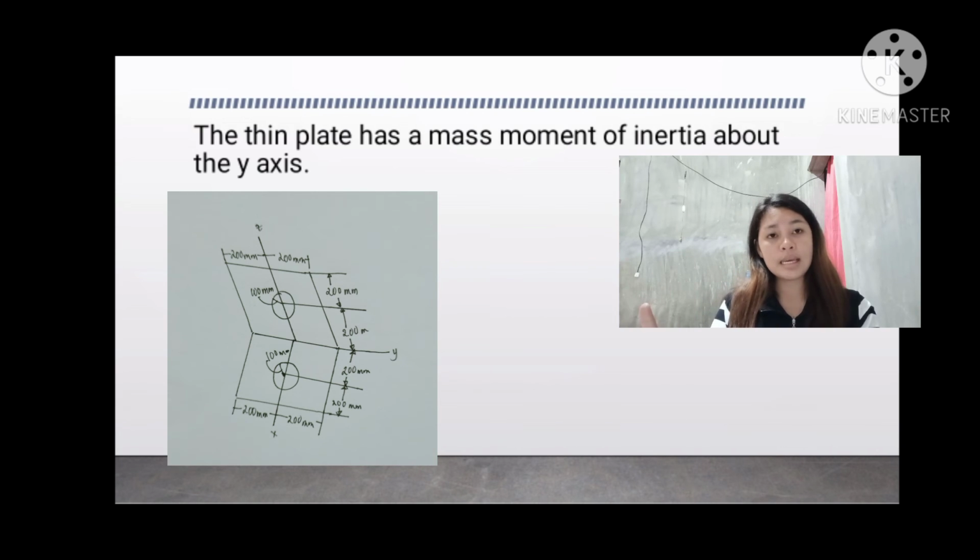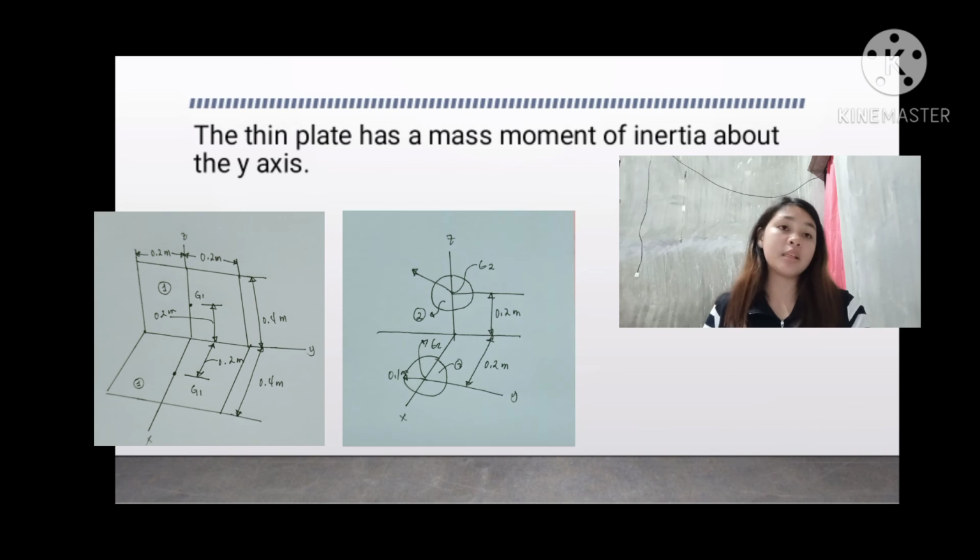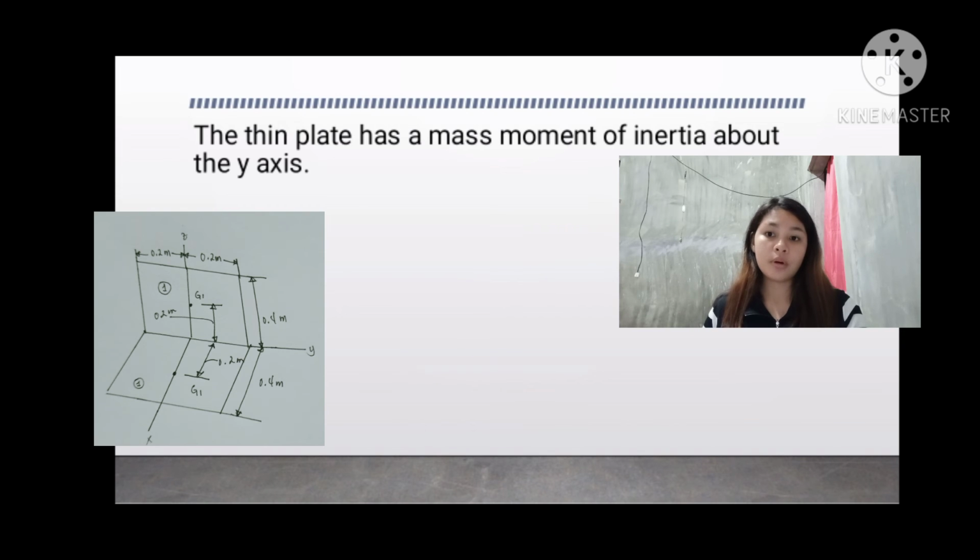For easy solving, we can convert our units into meters. The thin plate can be subdivided into two segments as shown in our free body diagram. Since our segments are labeled as holes, the second should be considered as our negative part.